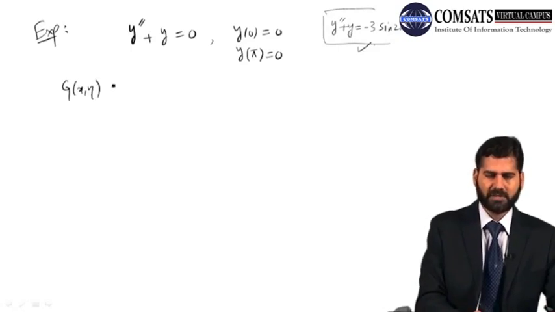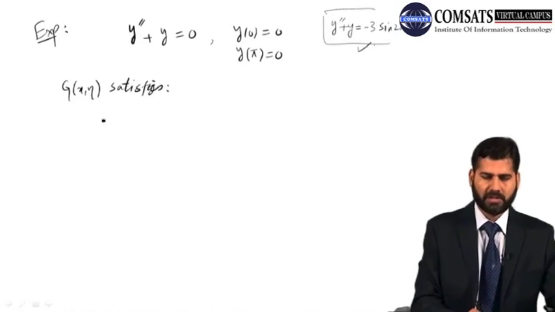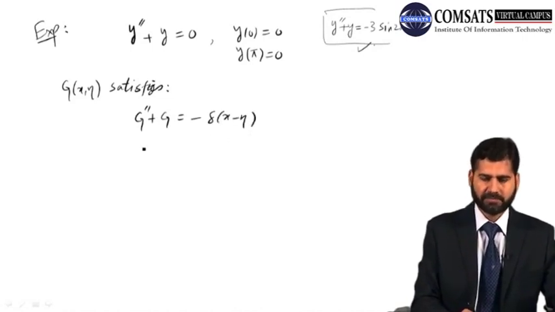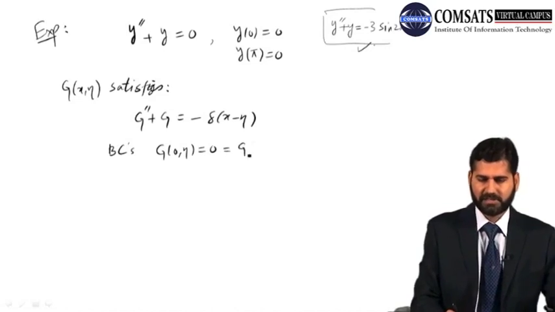g(x, eta) must satisfy, first of all, g double prime plus g is equal to minus delta(x minus eta), right? And then with the same boundary conditions, that g at (0, eta) is equal to 0 and g at (pi, eta) is equal to 0.